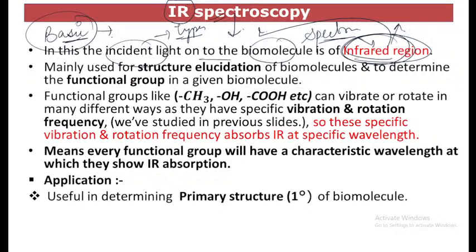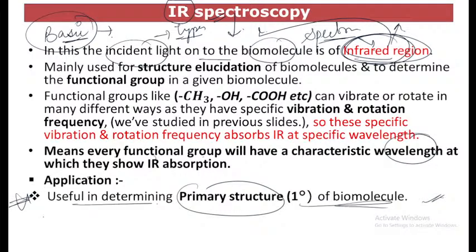It is useful mainly for determining the primary structure of the biomolecules. Very important to remember. In this, every functional group has a characteristic wavelength at which it shows IR absorption. So we will be using the functional groups in order to get our final work done. These specific vibrations or rotation frequencies absorb the IR at specific wavelengths.